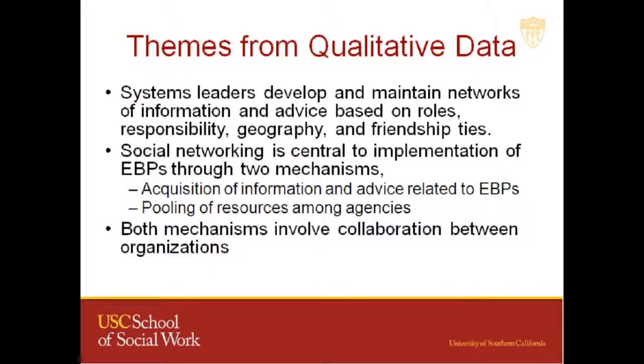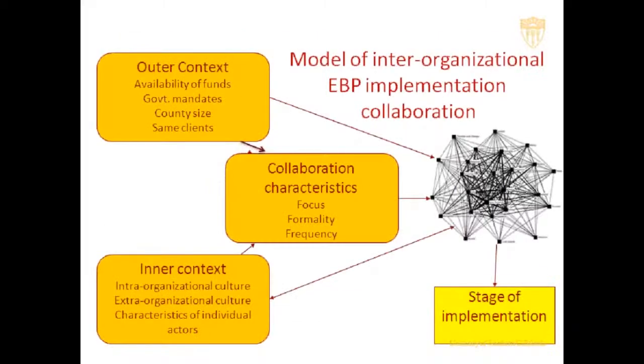One is acquiring information and advice related to evidence-based practices, and the second is the pooling of resources among agencies. So even in rural counties, it was not uncommon for systems leaders to partner with their counterparts in neighboring counties in order to implement an evidence-based practice. But ultimately, both of these mechanisms, acquiring information and advice and pooling resources, involve the collaboration between organizations. Next slide, please.